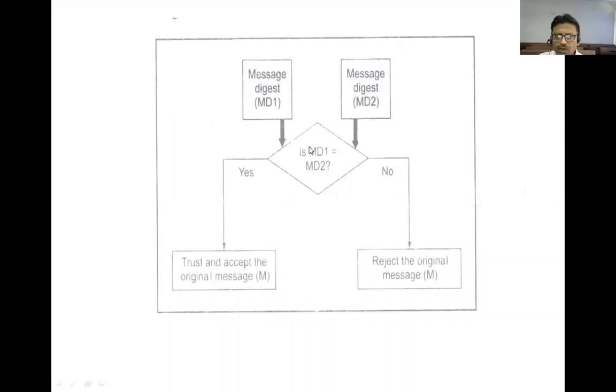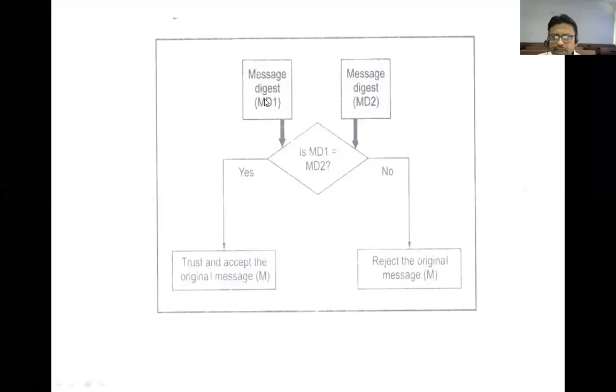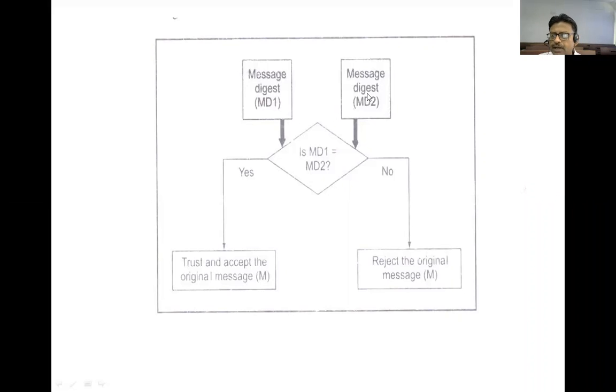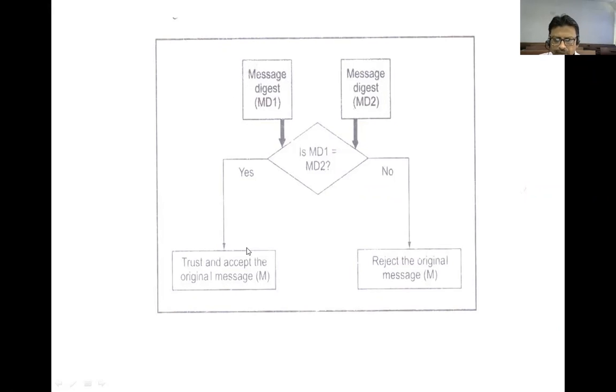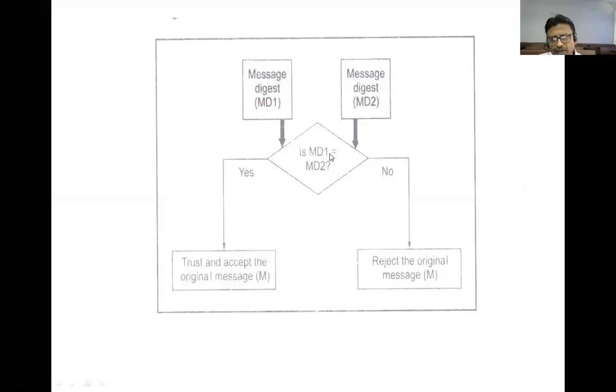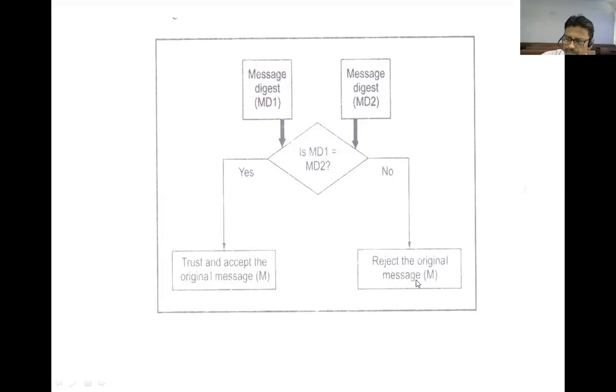Now MD1 and MD2 are compared, because MD2 is calculated by the receiver, and MD1 has been received in encrypted form. If MD1 and MD2 are equal, then it will trust and accept the original message. Otherwise, if they are not equal, it will reject the original message.